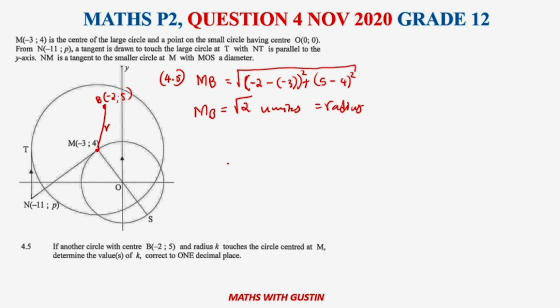To calculate the k value, what are we looking for? Let's have a look here. We have this here, which is our B. Now they want us to calculate the k value, so the k value would be k going that side and then k going this side.